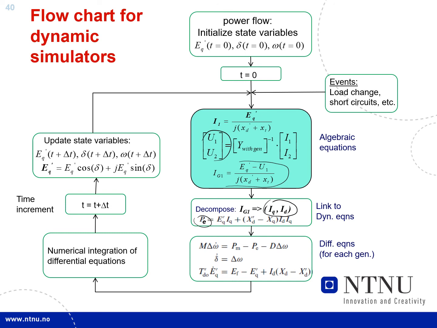When you have done that, you have all the input to the differential equations, and you can do the numerical integration, do the time increment, update the state variables, and go to the next time step, etc. So that's very simply how a power system simulator works.